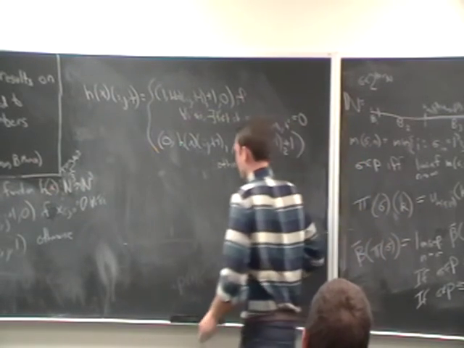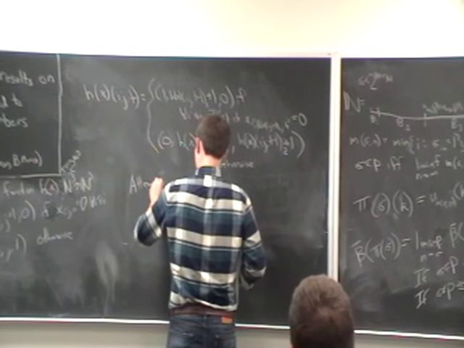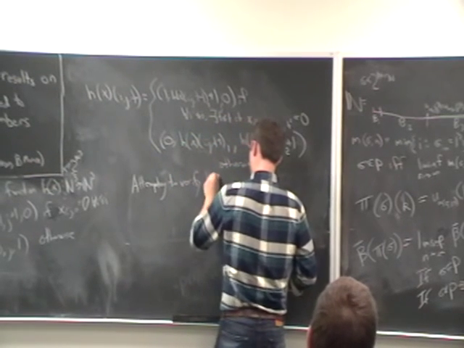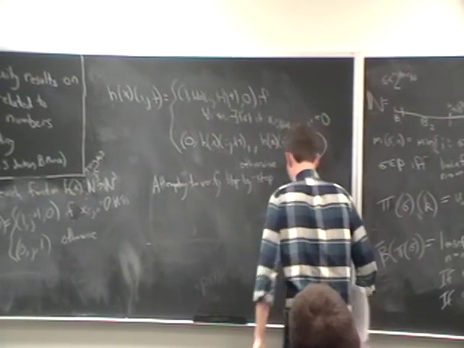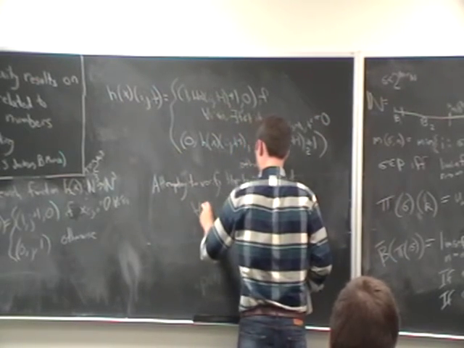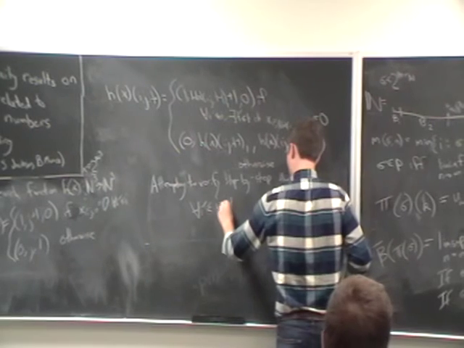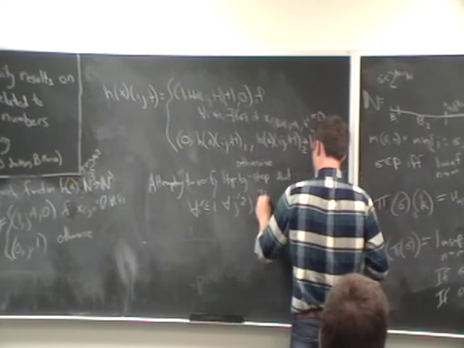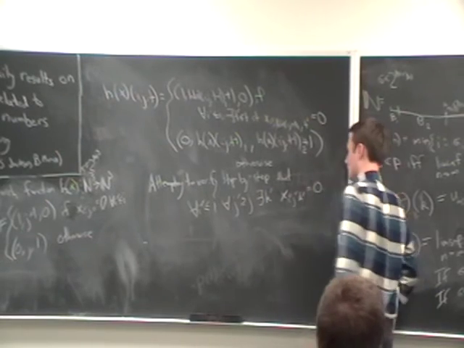And so what we're really trying to do is verify step by step that the following condition holds: for all i prime less than or equal to i, for all j prime greater than or equal to j, there exists a k prime such that x i prime, j prime, k prime is equal to 0.